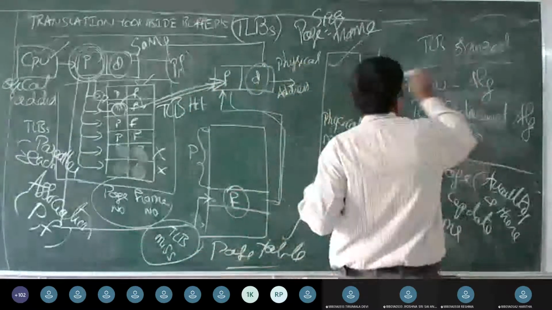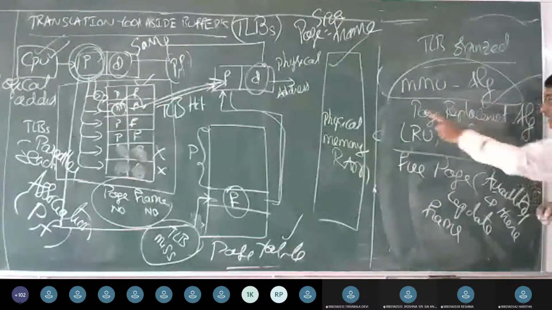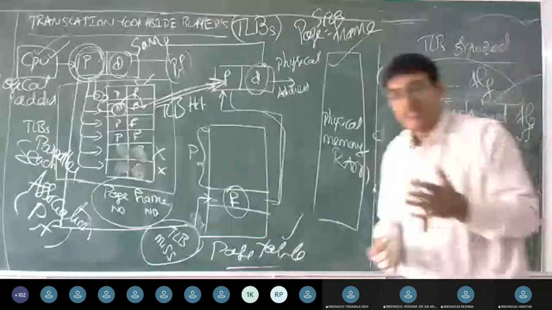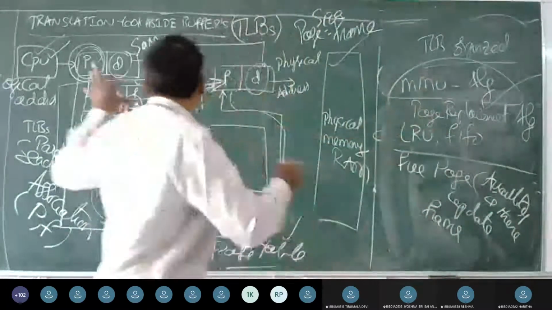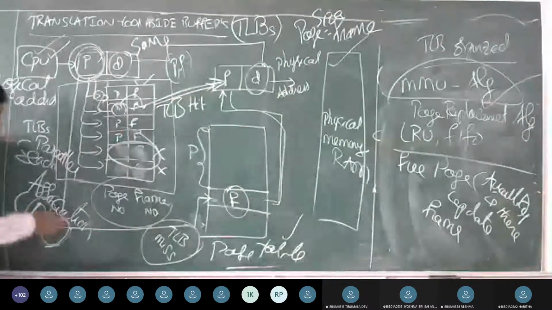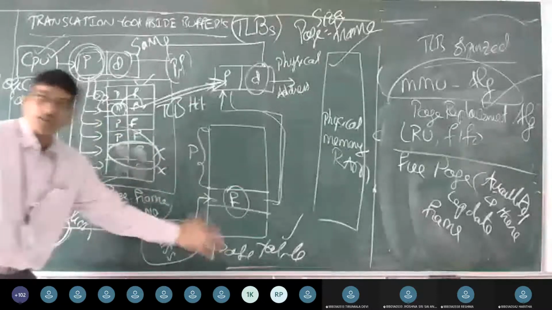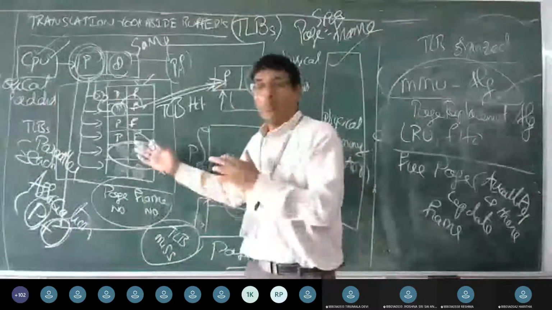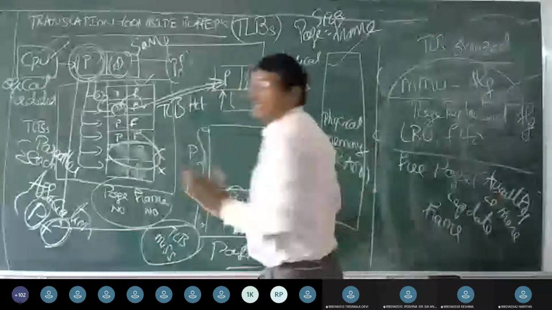The solution was to go for page replacement algorithms, using least recently used or first in first out, and you replace one of them. The associated value, that is page and frame, you replace it, that is you swap the items from the page table to the TLB rows so that the new page is placed into the TLB.